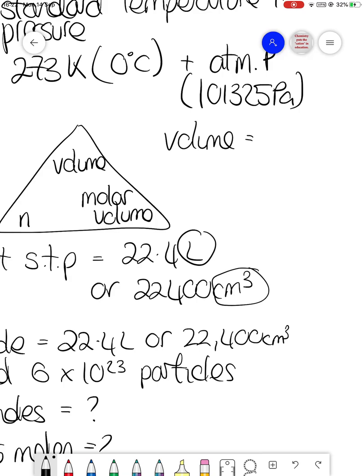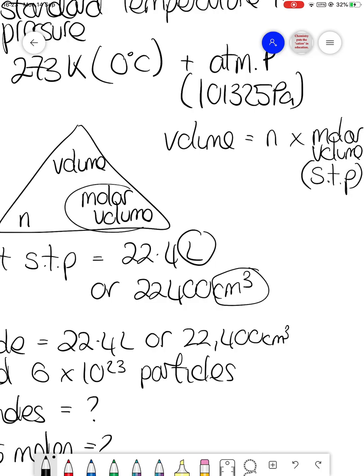So it should be moles multiplied by molar volume. And we're looking for s.t.p in the question, and if they mention the units, you have to supply the correct ones, otherwise you can use what you would like.